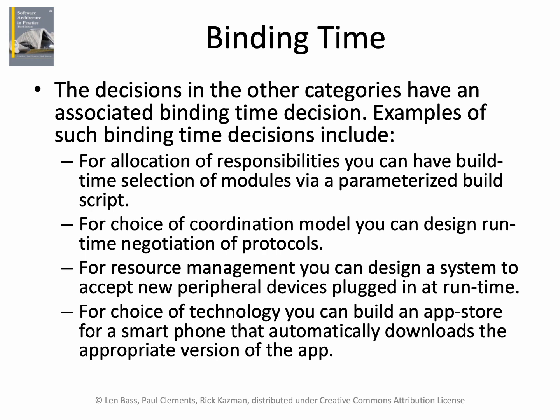For choice of coordination model, you can design runtime negotiation of protocols. For resource management, you can design a system to accept new peripheral devices plugged in at runtime. For choice of technology, you can build an app store for a smartphone that automatically downloads the appropriate version of the app.